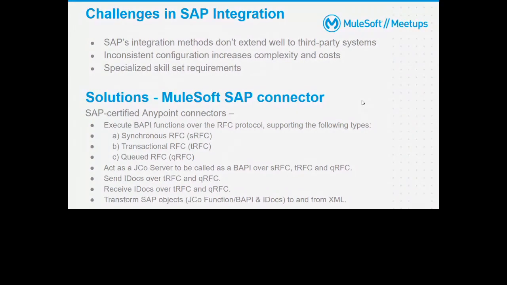First is RFC. RFC is remote function call. It's the communication interface between SAP and another SAP or non-SAP system. Then comes the BAPI. BAPI is their business API. Basically, this is object oriented. BAPI exposes the business objects for access by external systems.